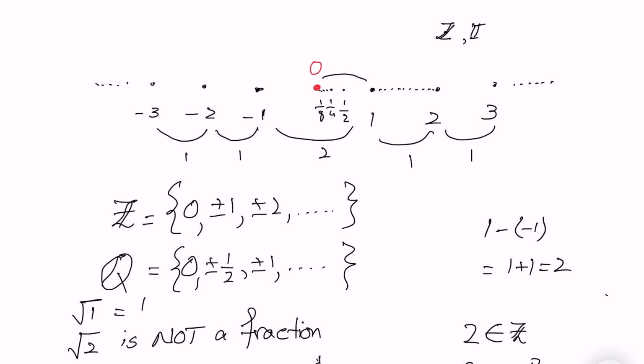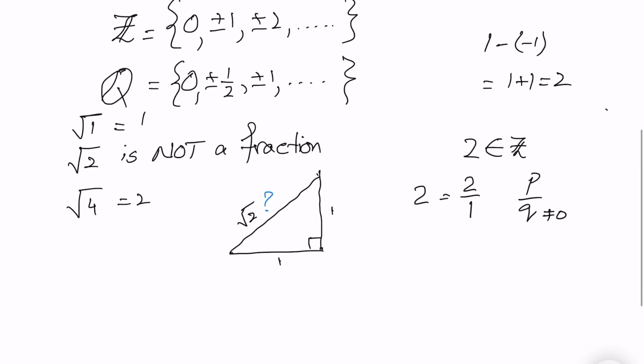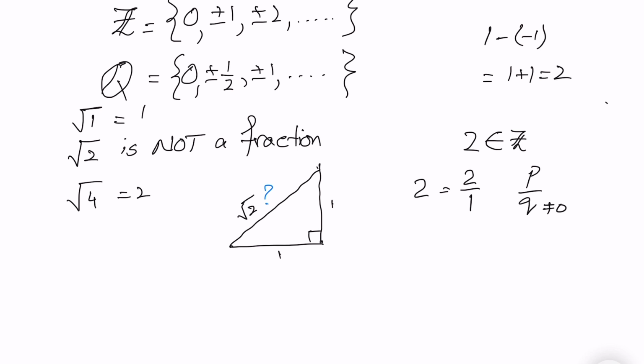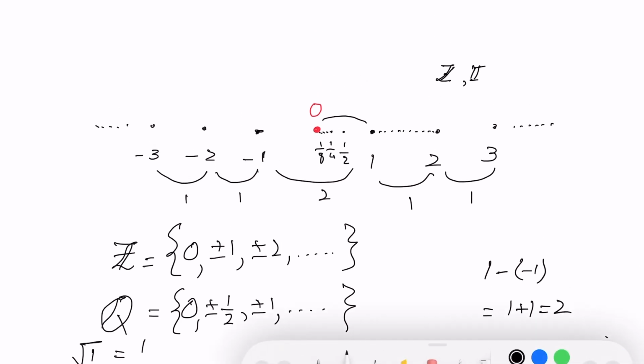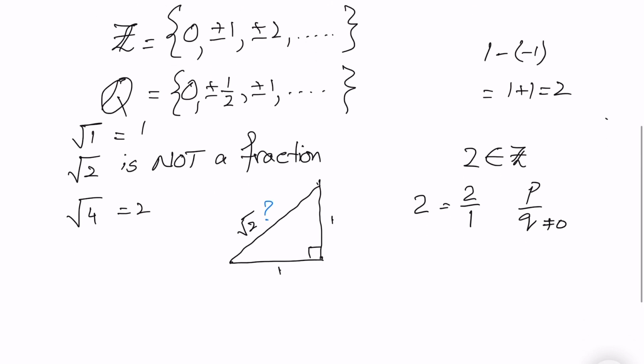Now the question is, if between 1 and 2 there are only fractions, how can a number like root 2 be between them if they were connected with each other? From there we learned that there was still some space between the fractions, and that space was filled with some other type of numbers, which we call non-fractions.